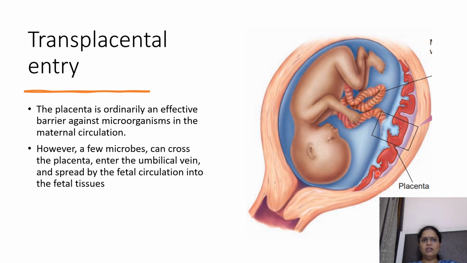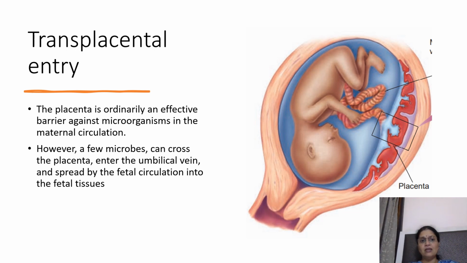So we know that the placenta is ordinarily an effective barrier against microorganisms in the maternal circulation. This is the placental tissue that you are seeing, where some of the tissue is from the fetus, whereas some of the tissue is from the mother. And the placenta is a very protective layer. Most of the microorganisms will be inhibited from entering this region because of the placenta.